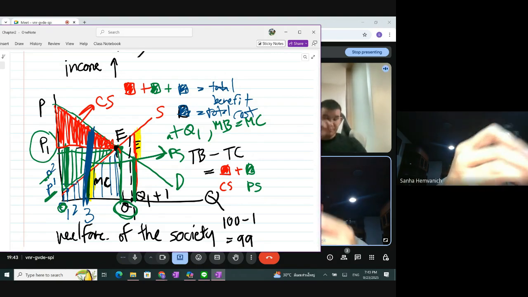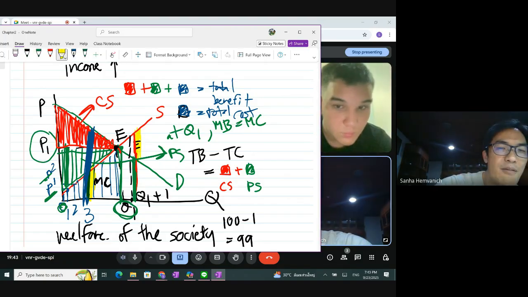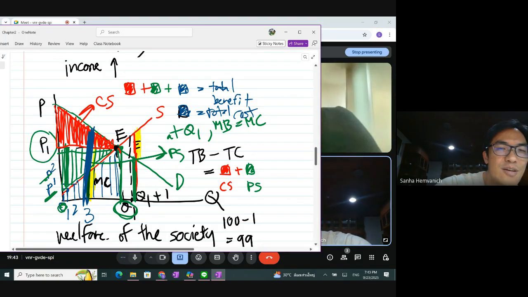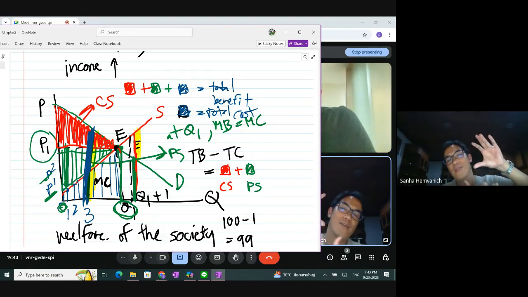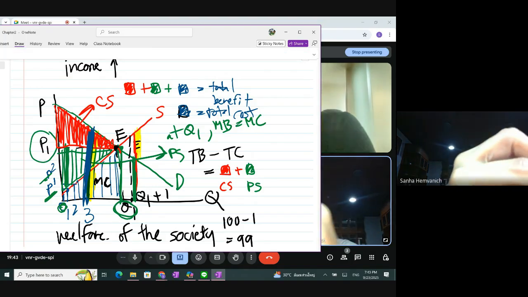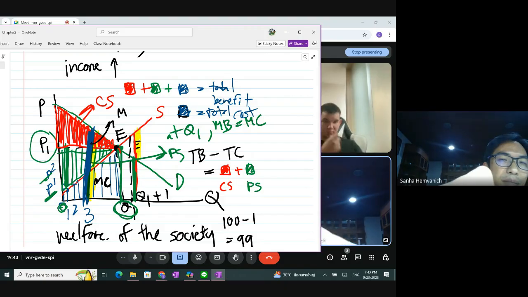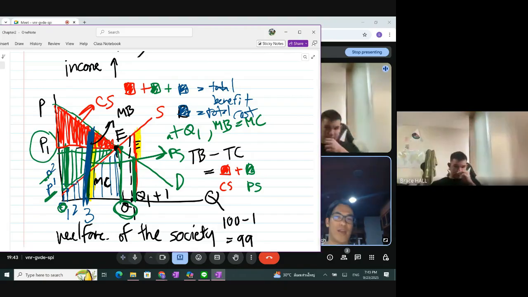And if you follow the whole blue, the whole blue is the marginal benefit at 3.